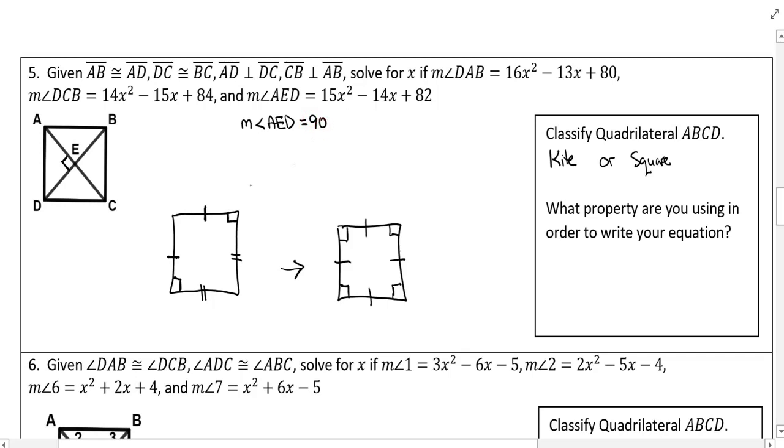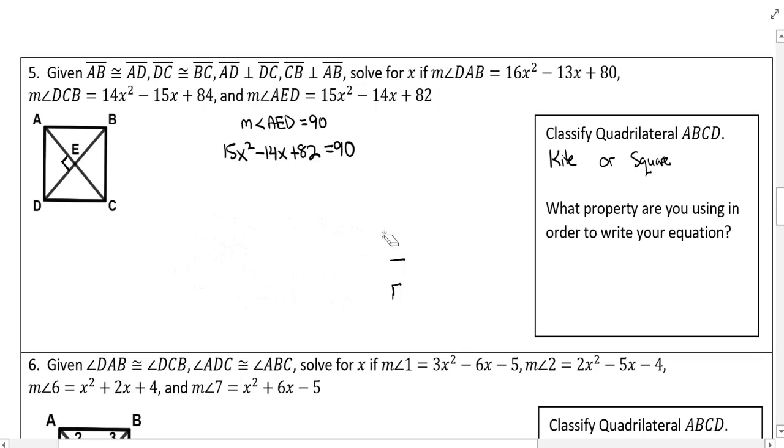And we know that AED is 15x squared minus 14x plus 82, and I'll set that equal to 90. I'm going to go ahead and erase my sketches here so I have room to solve. And I'm going to write in what property I'm using, that the diagonals are perpendicular.